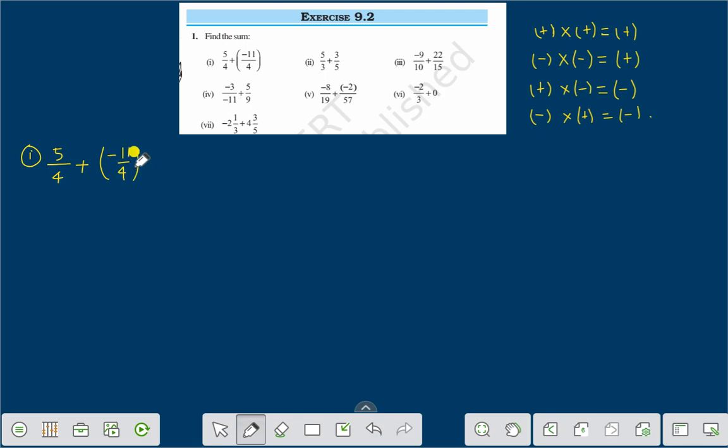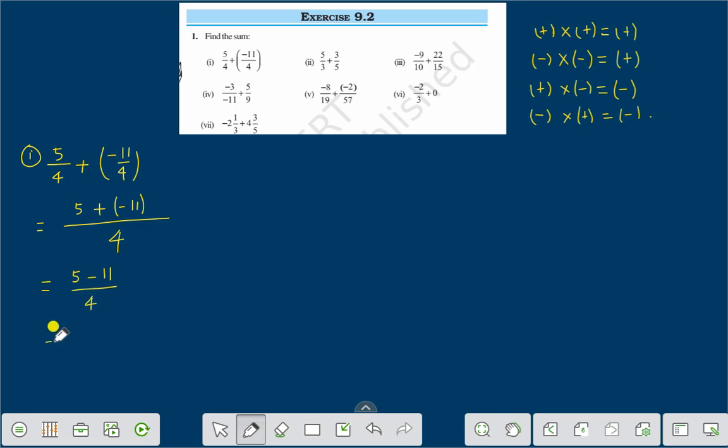Here the denominators are the same, therefore take the LCM as 4, and this is 5 plus, in bracket, minus 11. Therefore we are getting 5, plus into minus is minus, therefore it is 5 minus 11 by 4.